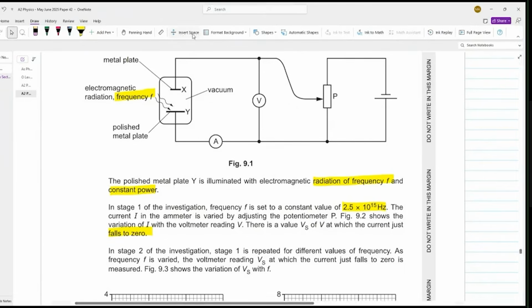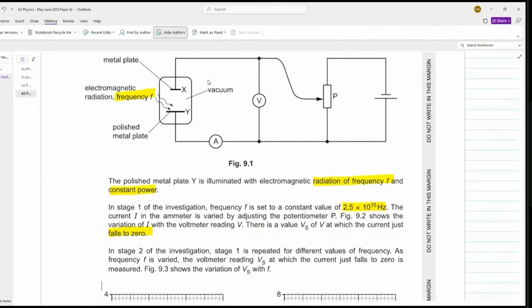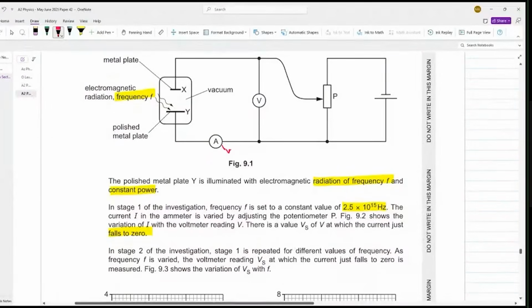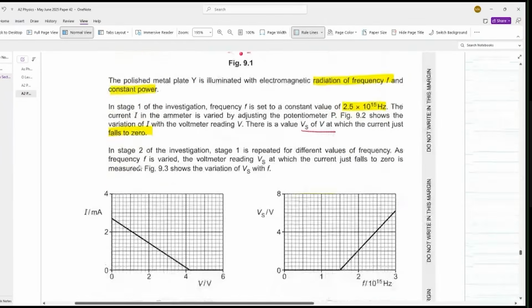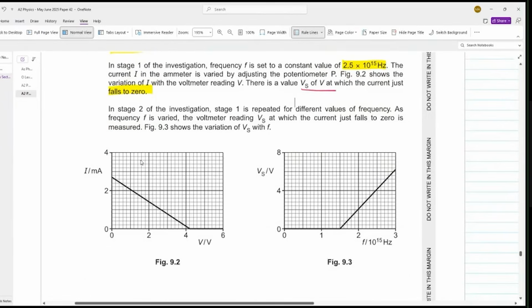So basically, what is happening? In stage 1, we are setting the frequency at a constant value and varying the current, and the current reaches a zero value when the voltage equals Vs. This is shown in figure 9.2.